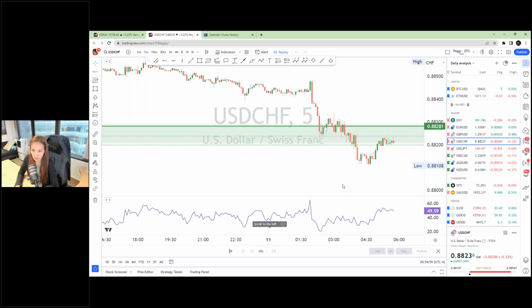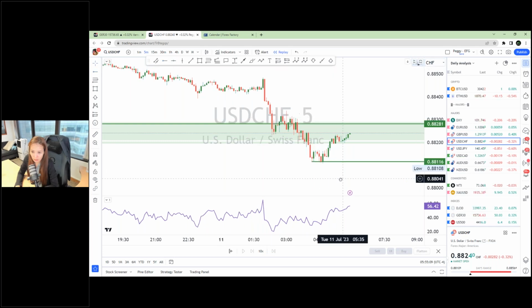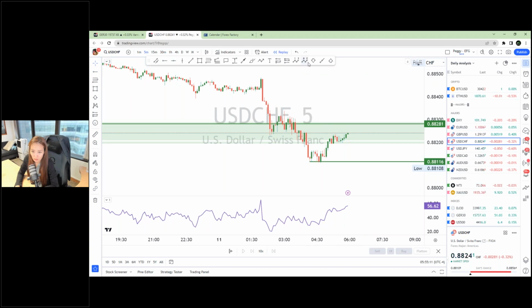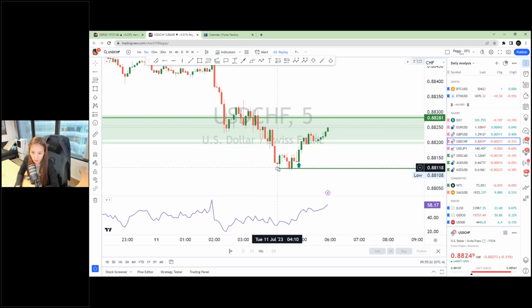Here, I started to see that price could not go through this level. So I entered at this candle. If you were to wait at M5, you know that this candle goes up.